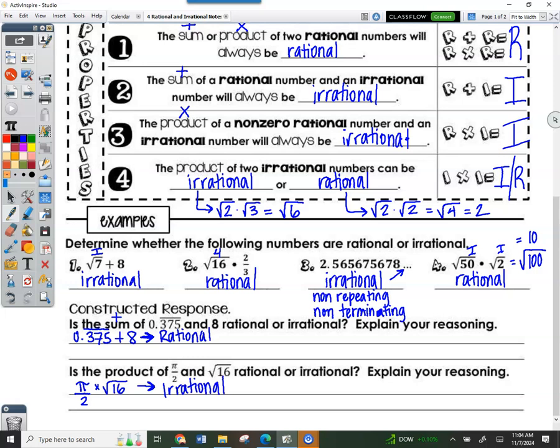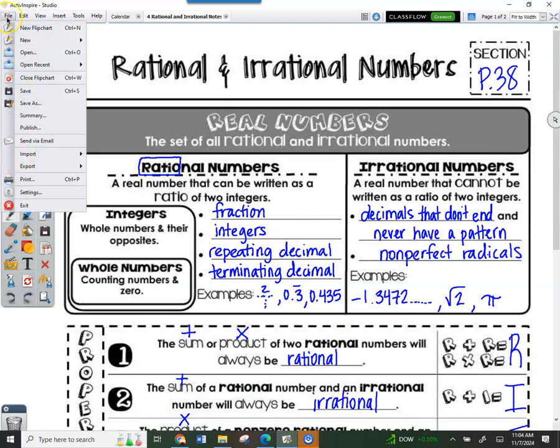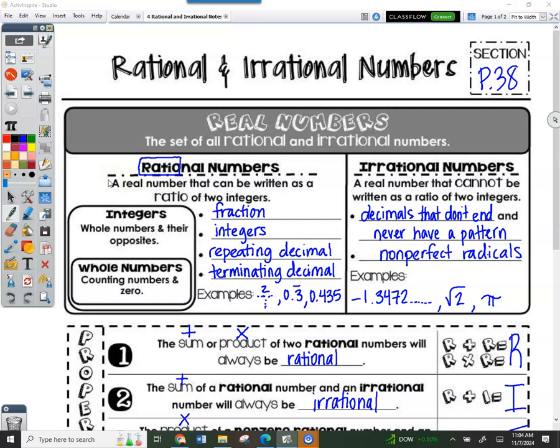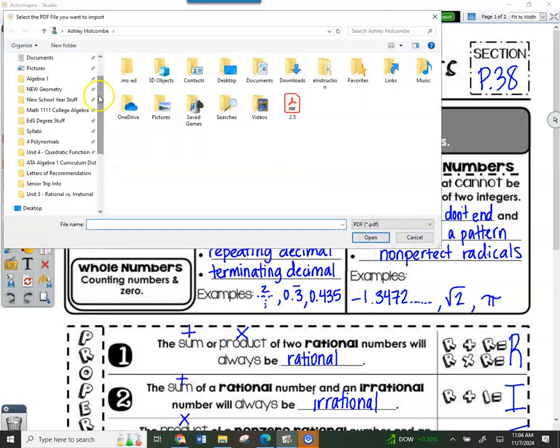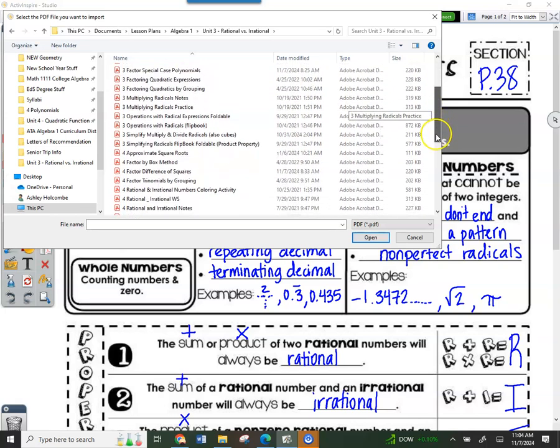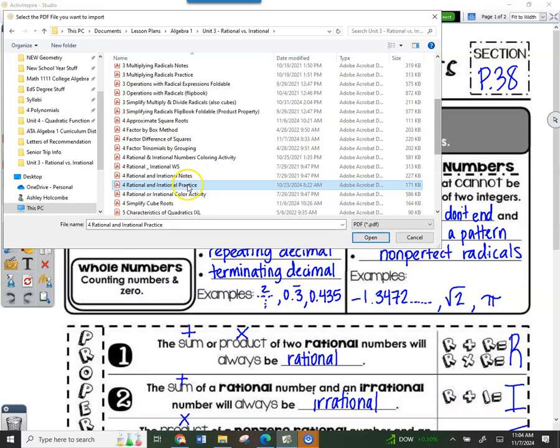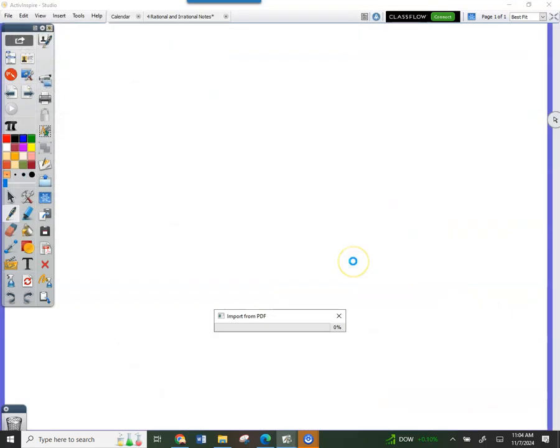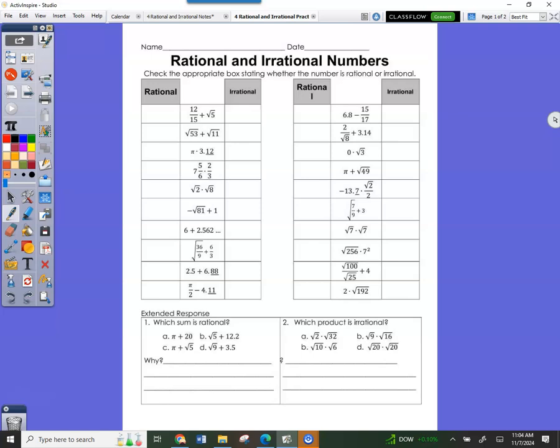Now, let me explain how to do the back, because when you first look at it, you're kind of like, what in the world? On the back, it's giving you the problem in the middle, and it's simply saying, check the box of what category. So it's asking you to check the box of which one it falls in.